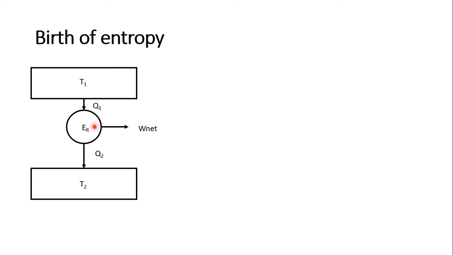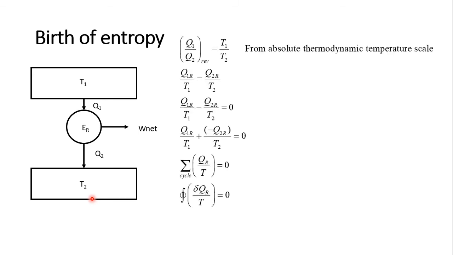According to the second law, it takes some amount of heat and converts it into work, and some amount of heat is rejected to the atmosphere, which is at temperature T2. In the second law of thermodynamics, we had seen the absolute thermodynamic temperature scale equation. So what was that equation?